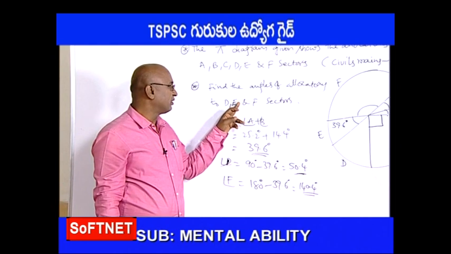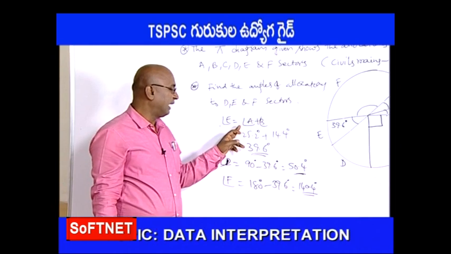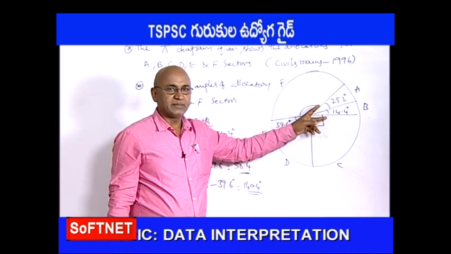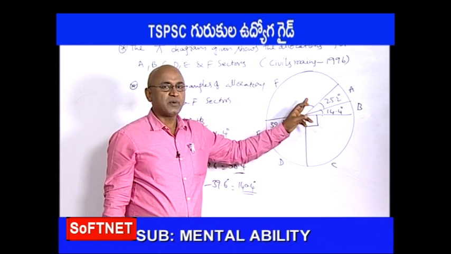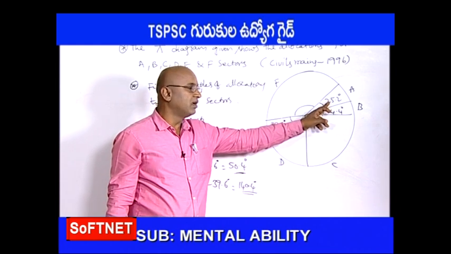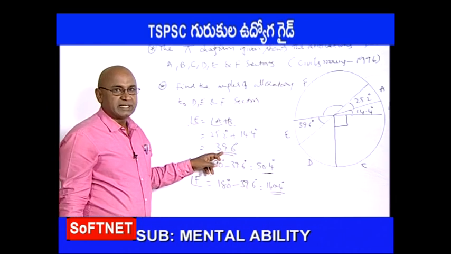So what is the problem here? Find the angles of allocations to D, E and F sectors. Angle E is equal to angle A plus angle B. The reason behind this is when two lines bisect each other, the opposite angles are the same. That is why angle E is equal to angle A plus angle B, that is equal to 39.6 degrees.